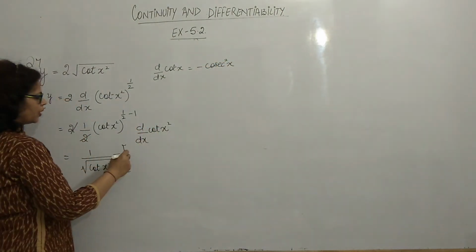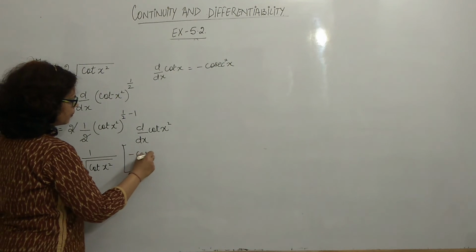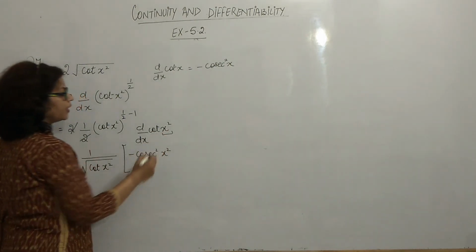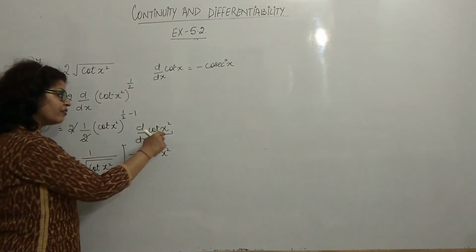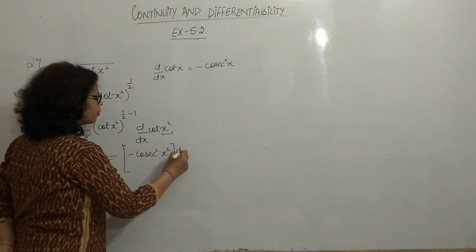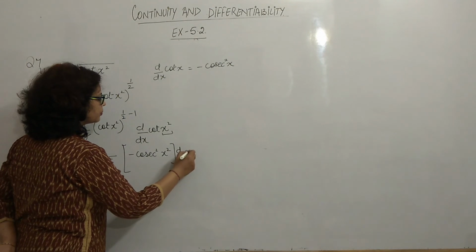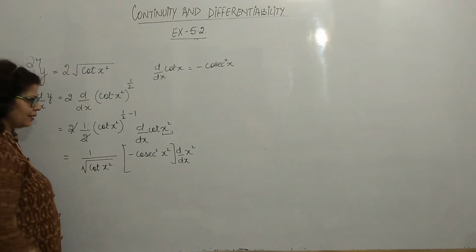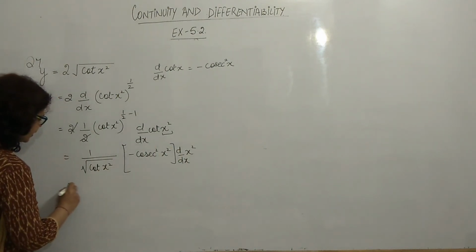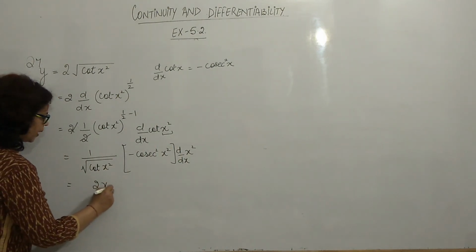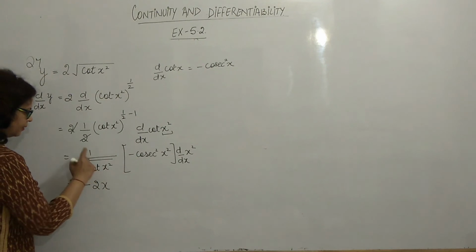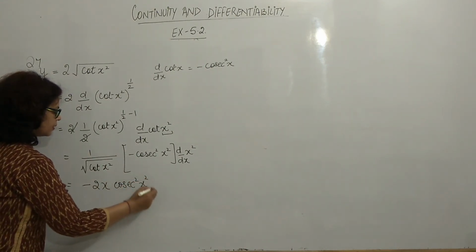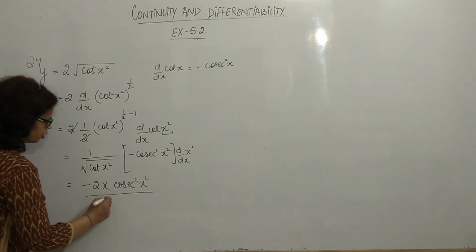So cot x square will give you minus cosec square x square, because x is not there; instead of x there is a function of x square, so we differentiate the derivative of x square, which is 2x, hence 2x, negative sign here. Write the numerator first and then the denominator.